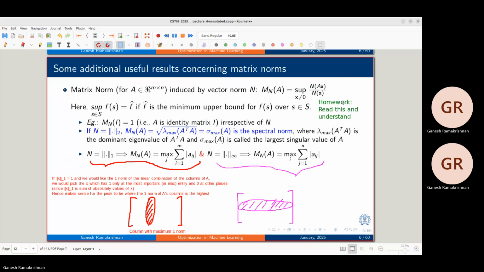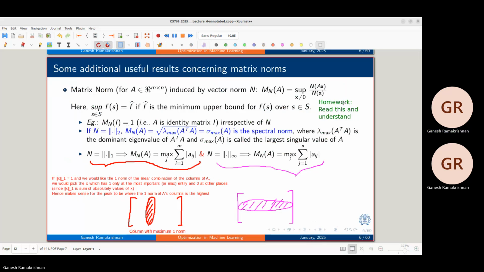If N is the 2 norm, here we had the max eigenvalue. If you do a similar expansion, y transpose x transpose xy, you will land up getting a singular value. For symmetric square matrices, the singular values are nothing but the absolute values of the eigenvalues.